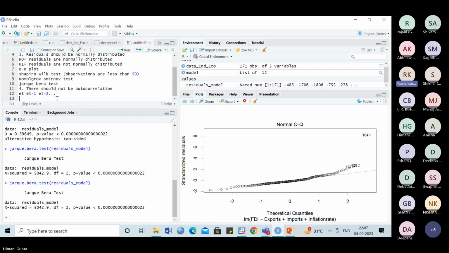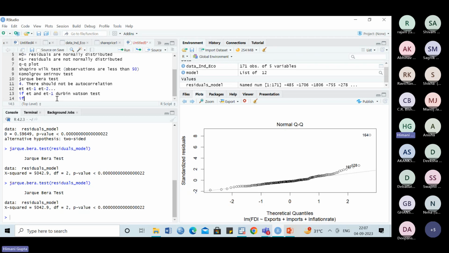No, madam. If it is degree 1, that means if E_t and E_t-1 are related, then we are going to use the Durbin-Watson test.